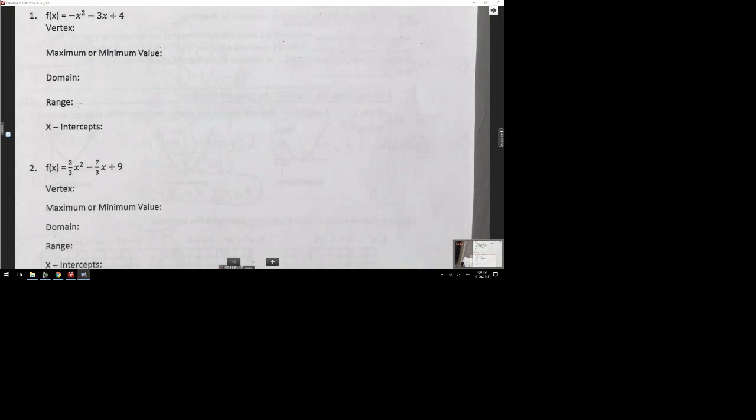Go back to the directions. It said, identify the vertex. What does it tell us? Use the graphing calculator. So where should we go?